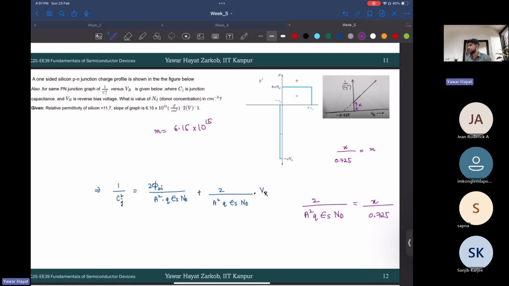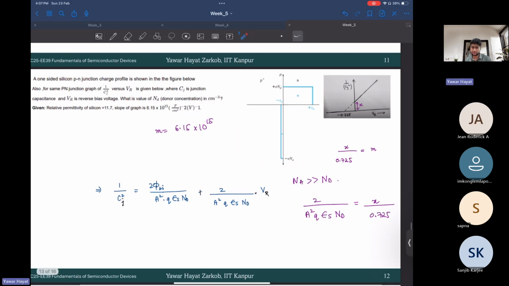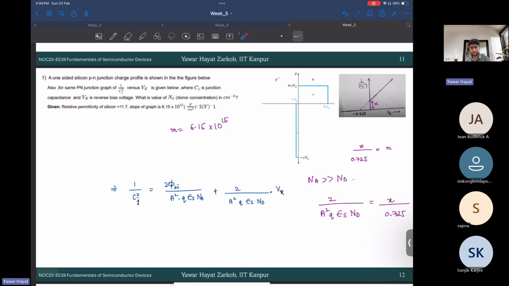And using the fact that your Na is much greater than Nd, since it's a one-sided silicon p-n junction, you can use this in XD, right? And evaluate XD.